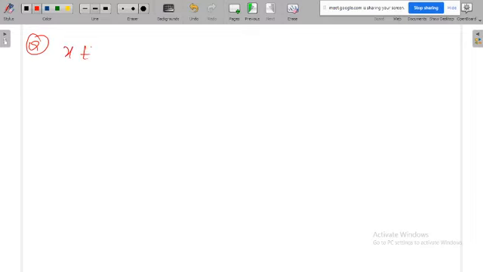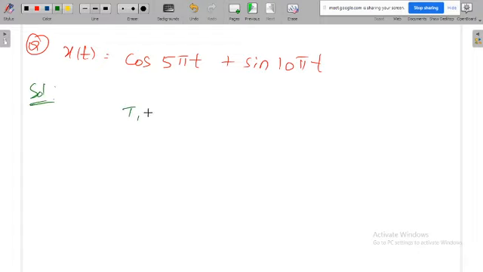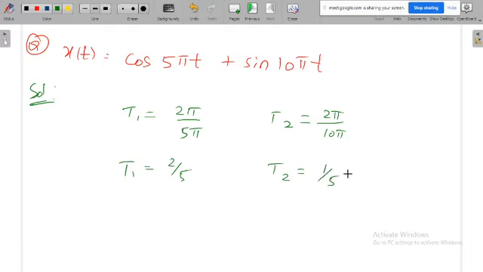x of t is equal to cos 5 pi t plus sine 10 pi t. Again the T1 is equal to 2 pi by omega 1, that is 5 pi, so T1 is equal to 2 by 5. T2 is equal to 2 pi by omega 2, that is 10 pi, so T2 is equal to 1 by 5.